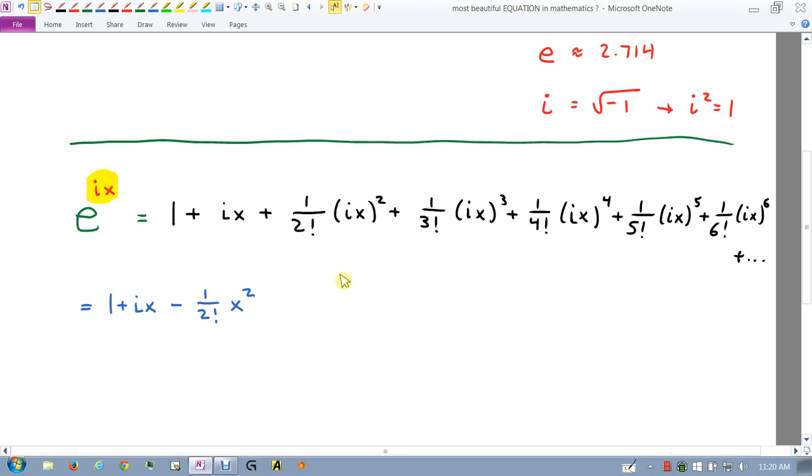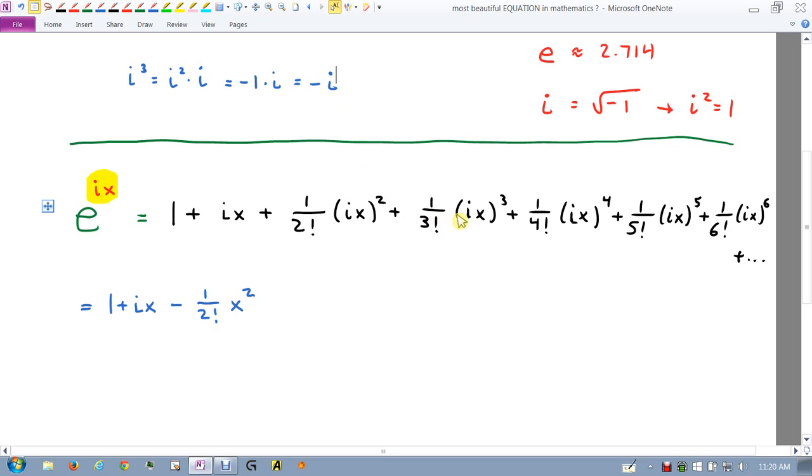All right. What happens when I cube I? So here's I cubed. That's I squared times I, isn't it? What's I squared? Negative 1 times I. Would you agree that that's negative I? I cubed is negative I?